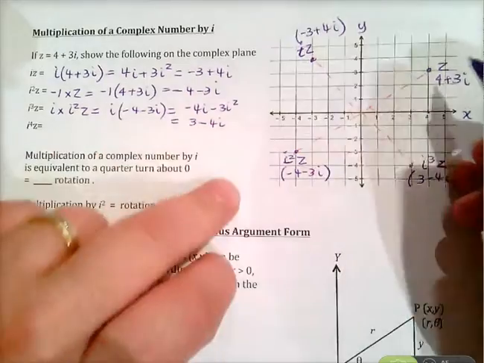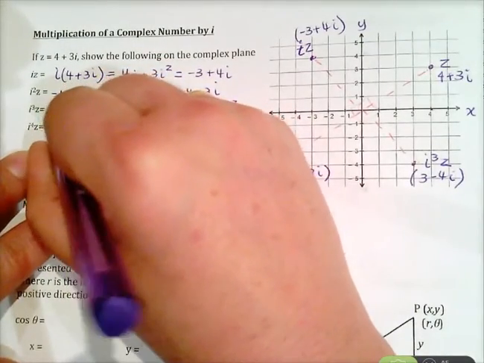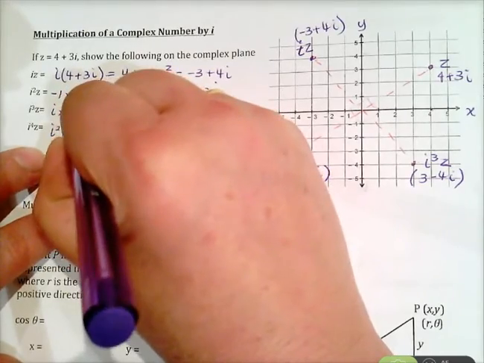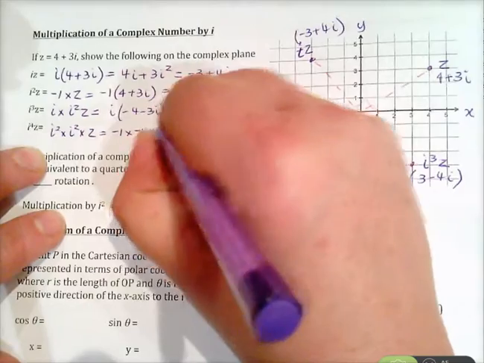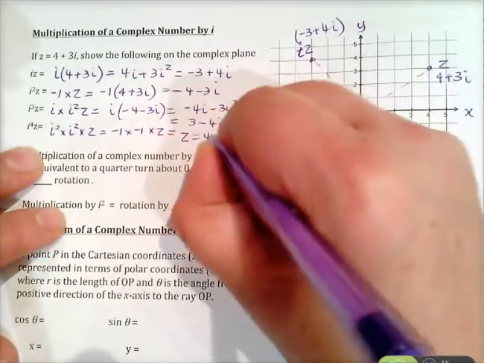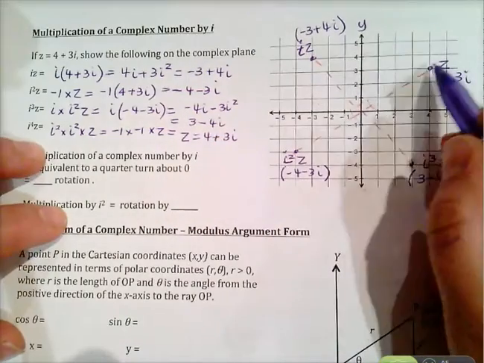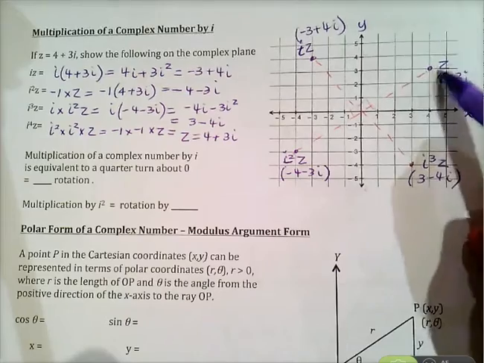And from i cubed Z, let's look at i to the power of 4 Z, that's i squared times i squared Z, which is negative 1 times negative 1, times Z, which is just Z, which is just 4 plus 3i. So this point here is i to the power of 4 Z, back to where we started, okay?